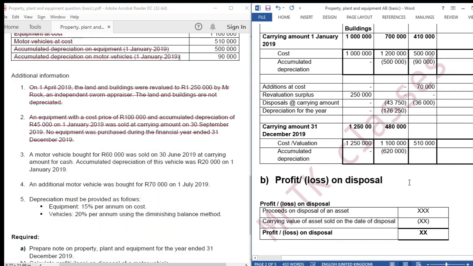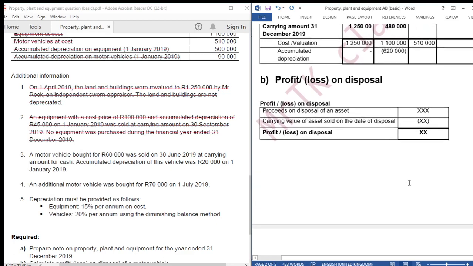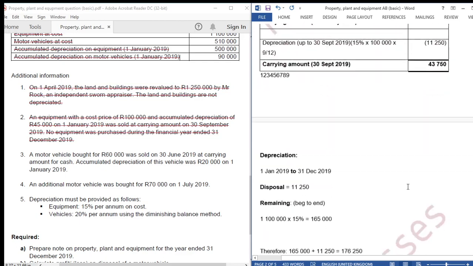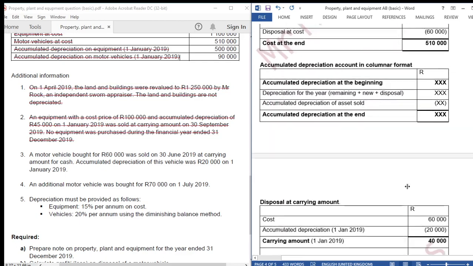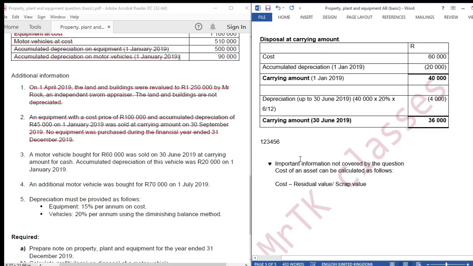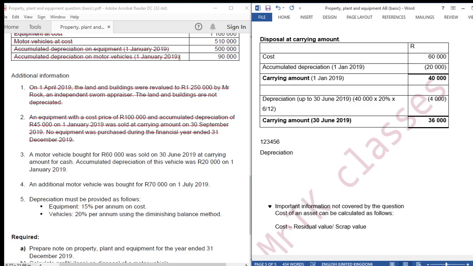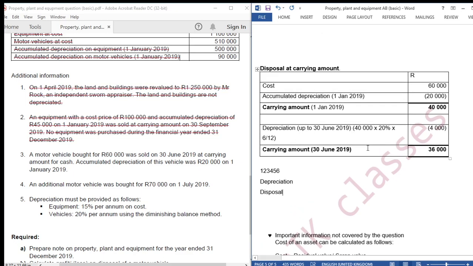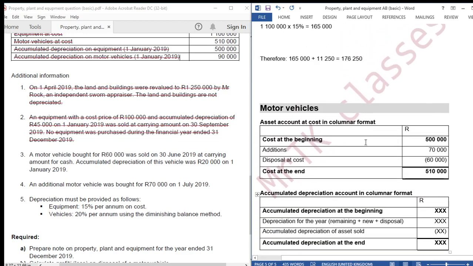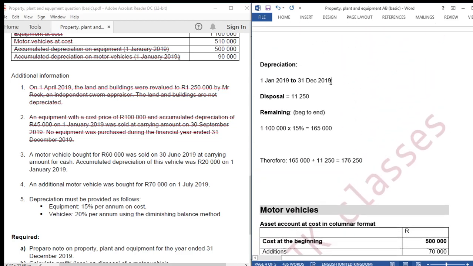Let us calculate depreciation for the year. Let's start with the disposal. Let's take our financial year.